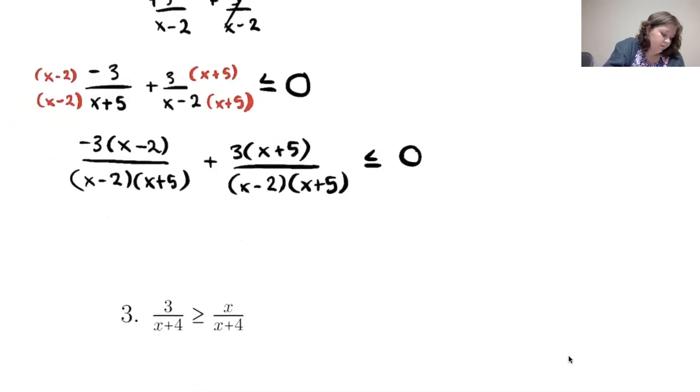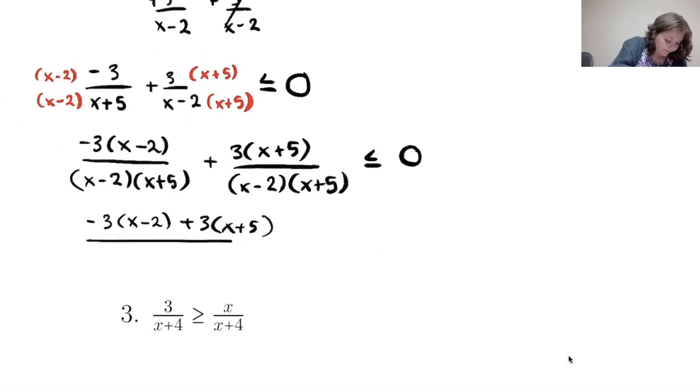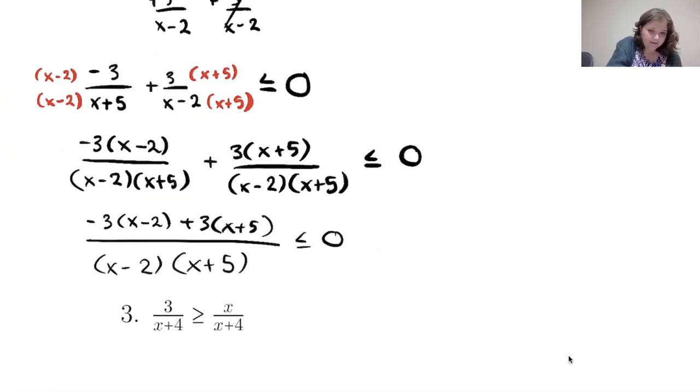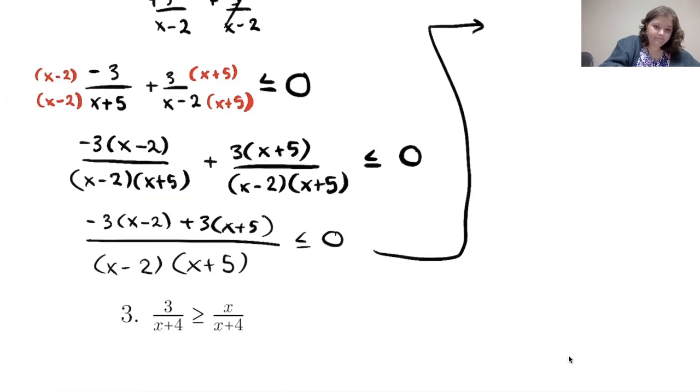So now we can combine the fractions together. So -3 times x minus 2 plus 3 times x plus 5 all over x minus 2 times x plus 5 is less than or equal to 0. And then I'm going to actually move up over here.